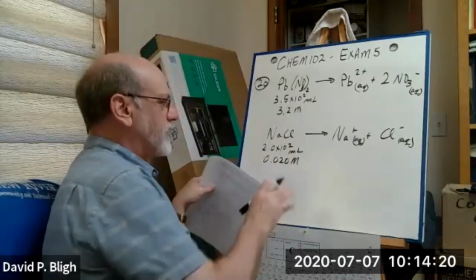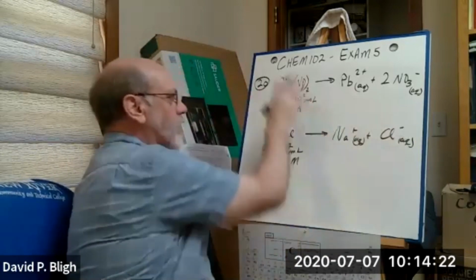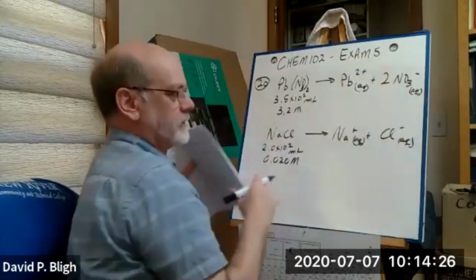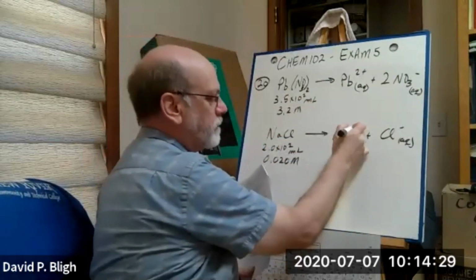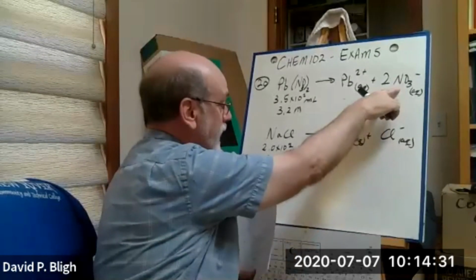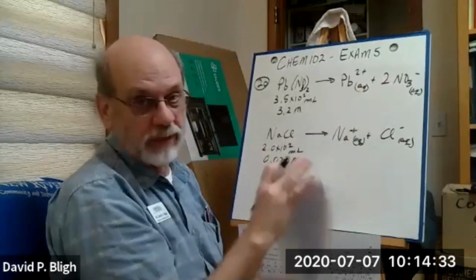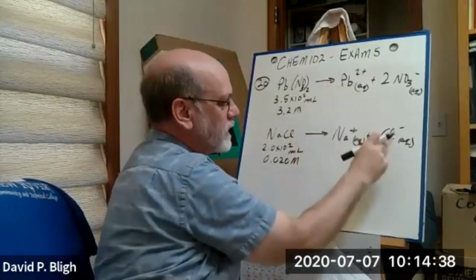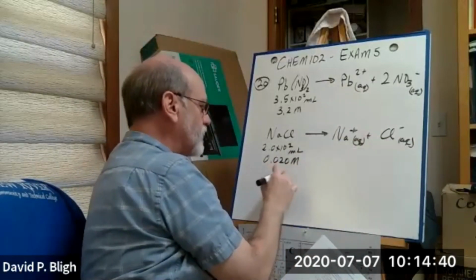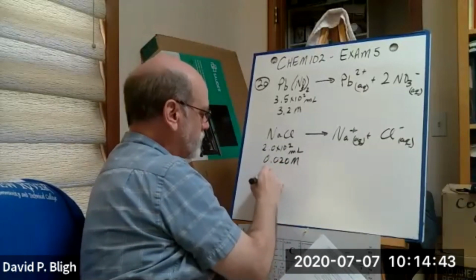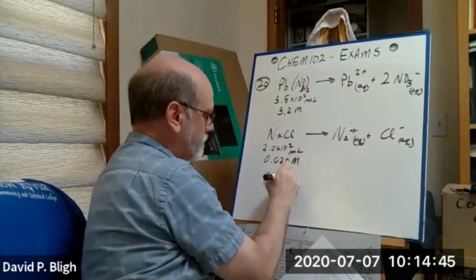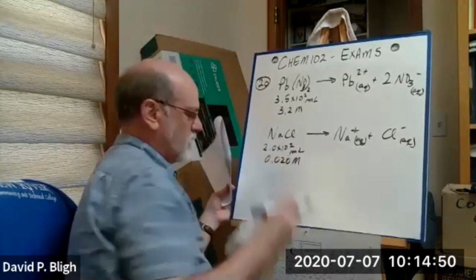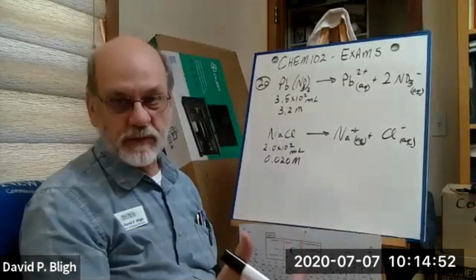So what's going to happen? Well, all of this ends up over there, all this ends up over there. So we need to say, what happens over here? Well, this cation and that anion are soluble, completely soluble. So there's no reaction there. So we're concerned with this one and that one. So really what we want is this reaction. Well, that's not right. We're going to write it as a solubility product.